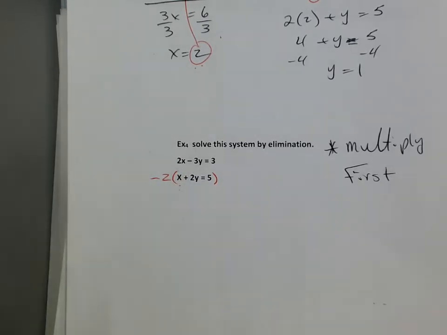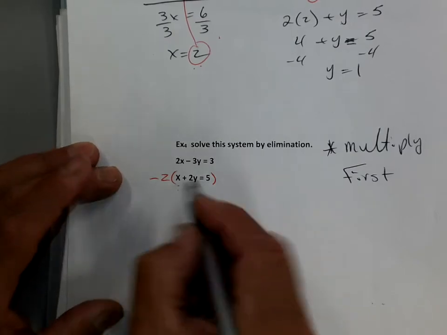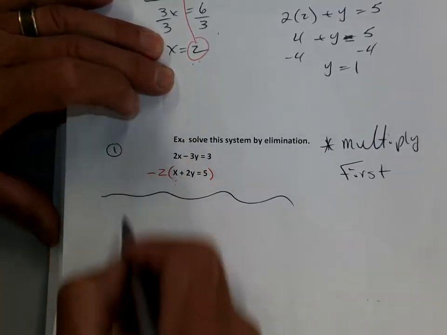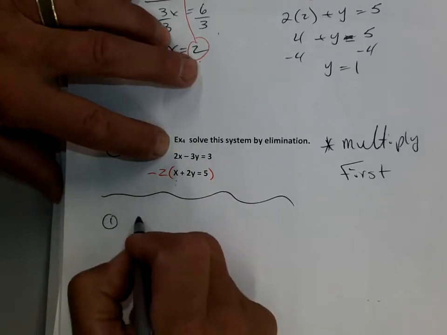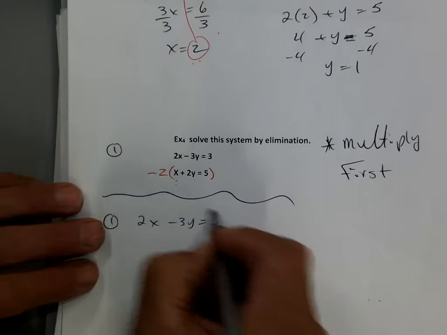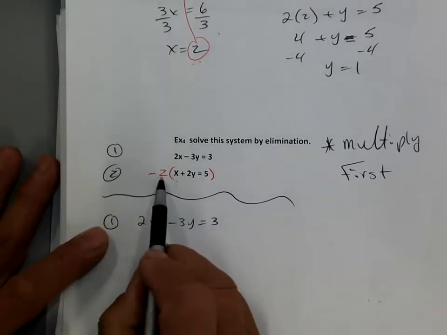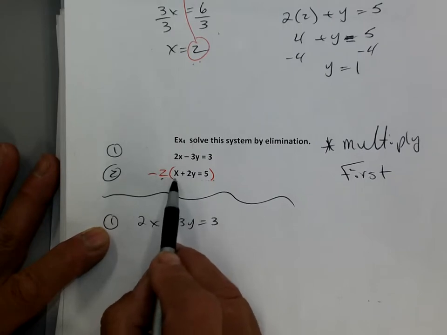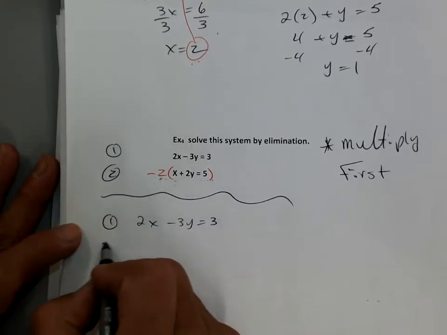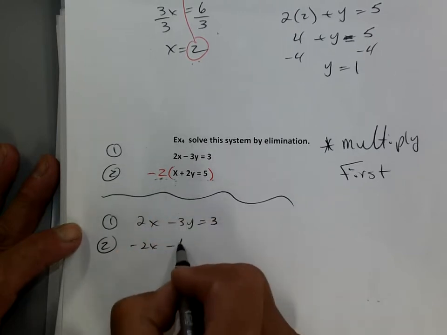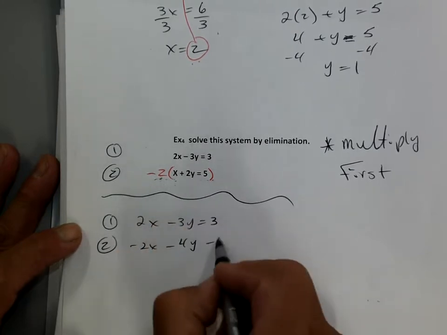Now, if I multiply by negative 2, let's rewrite these two equations. I still have the top equation, equation 1, which I'm going to keep as 2x minus 3y equals 3. But equation 2 I'm going to change. I'm going to multiply through everything. Equation 2 now becomes negative 2x minus 4y equals negative 10.